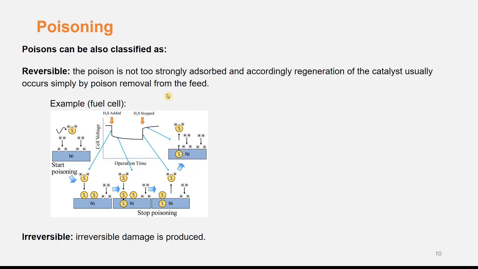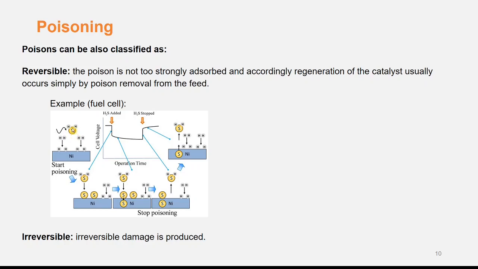One example of reversible poisoning occurs in fuel cells. Hydrogen is one of the fuels that can be used in fuel cells to produce electricity. If you produce the hydrogen from hydrocarbons, then there can be some contaminants in the hydrogen, such as hydrogen sulfide.